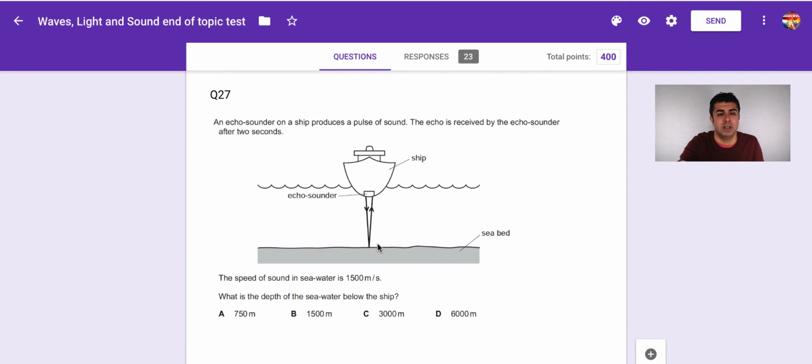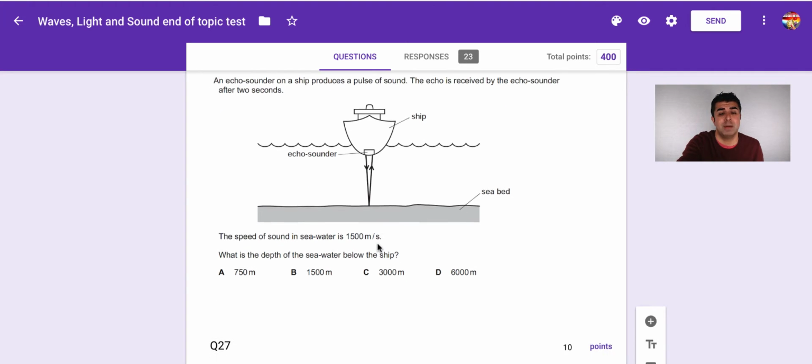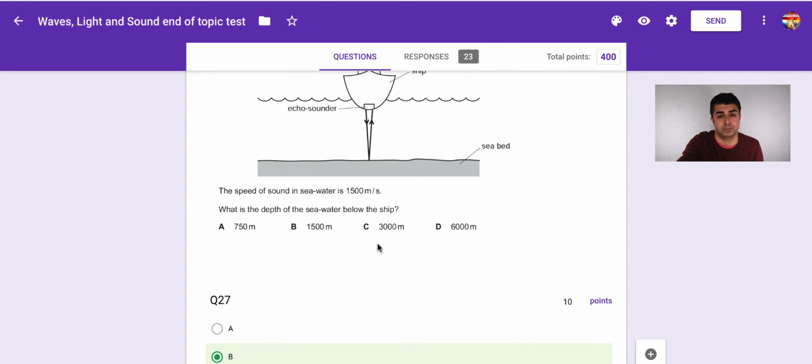Question 27. An echo sounder on a ship produces a pulse of sound. The echo is received by the echo sounder after 2 seconds. The speed of sound in seawater is 1500 meters per second. What is the depth of the seawater below the ship? Now you get two choices here. You either do distance equals speed times time and divide it by 2, or you take the time and divide it by 2.